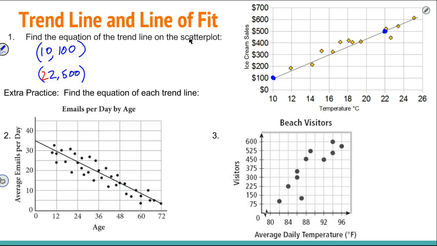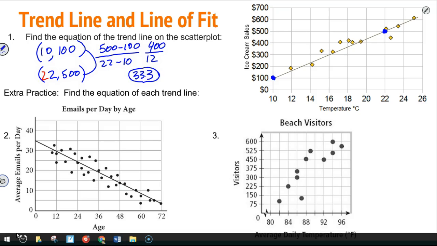Once I have those points, this becomes just a slope formula and point slope formula question. The slope, y minus y over x minus x, is 400 over 12, which reduces to, let's see, and we're going to calculate that.